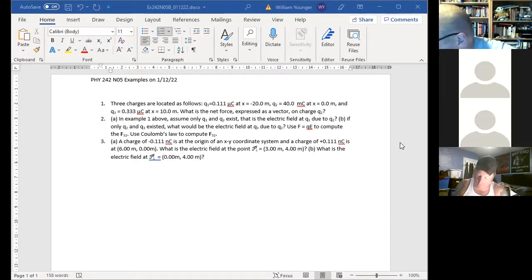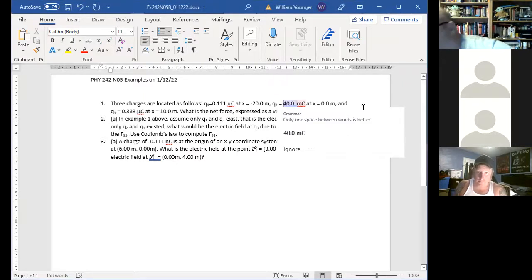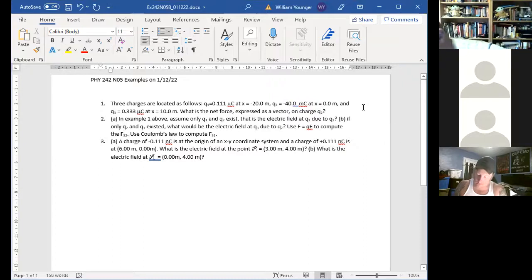And then about 20 meters away, I have 40.0 millicoulombs, and that's Q2. And this Q1 was positive. By the way, this is supposed to be a negative on the 40. Not that it matters too terribly much, but the main thing is I wanted them to be attractive, so I made it -40.